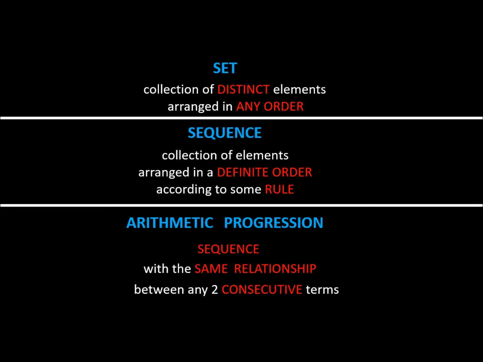So an arithmetic progression is also a sequence, but in this case, the relationship is a difference. So it is a sequence with the same difference between any two consecutive terms. What does that mean? It means that if you take any two terms which are together, which come one after the other, and you subtract one from the other, you will always end up with the same difference. Okay? Then you call that sequence an arithmetic progression.